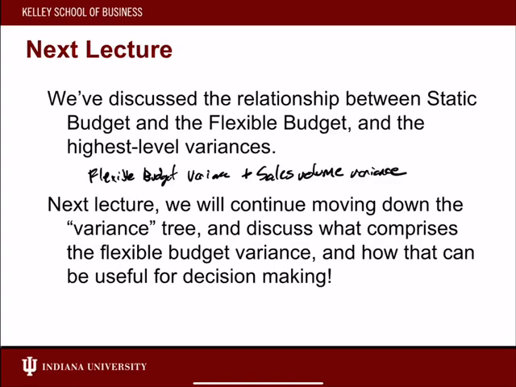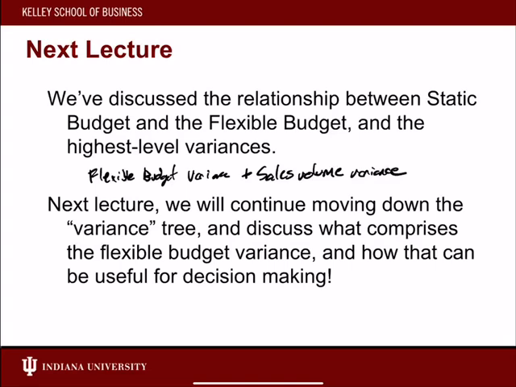The most important thing we learned is what that flex budget is: we want to be able to compare apples to apples, our actual results to some budget that assumes we sold the correct amount of product. And by flexing our budget to show what would have happened had our budget been correct as far as the amount of products we were going to sell, we can compare apples to apples.